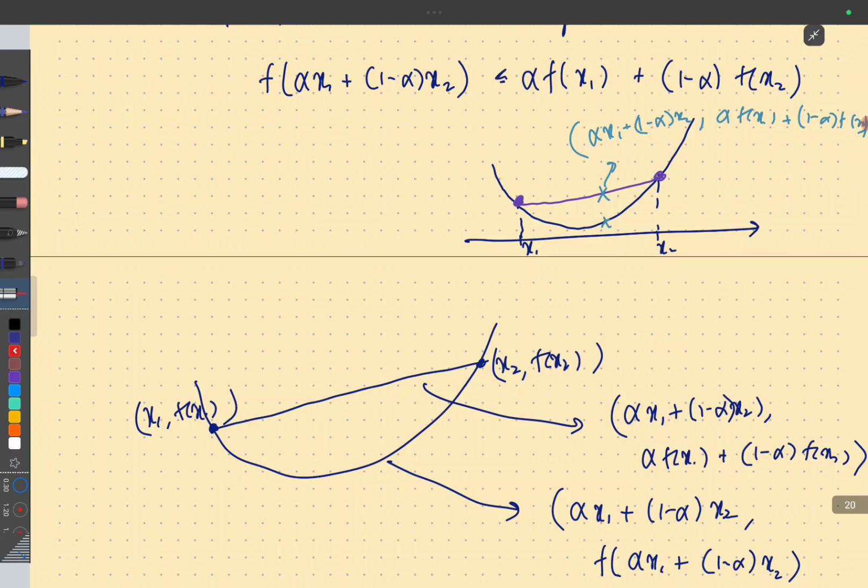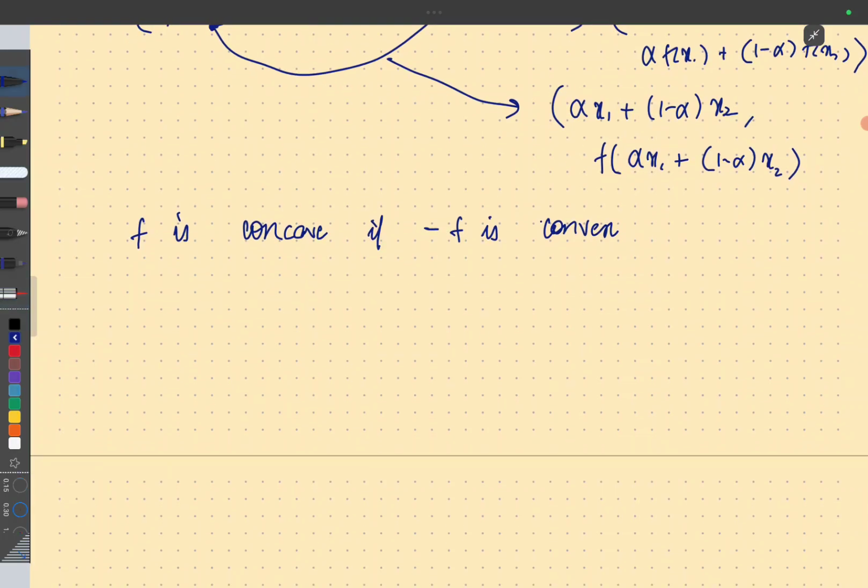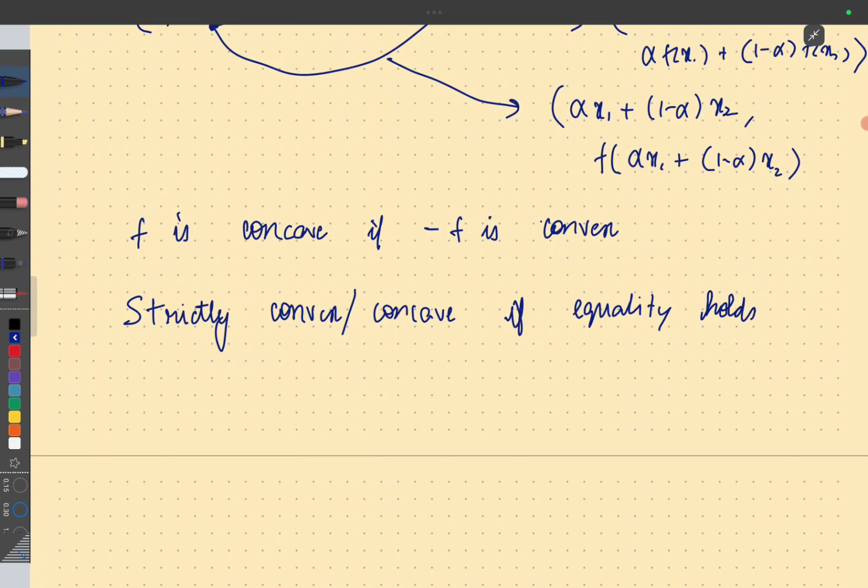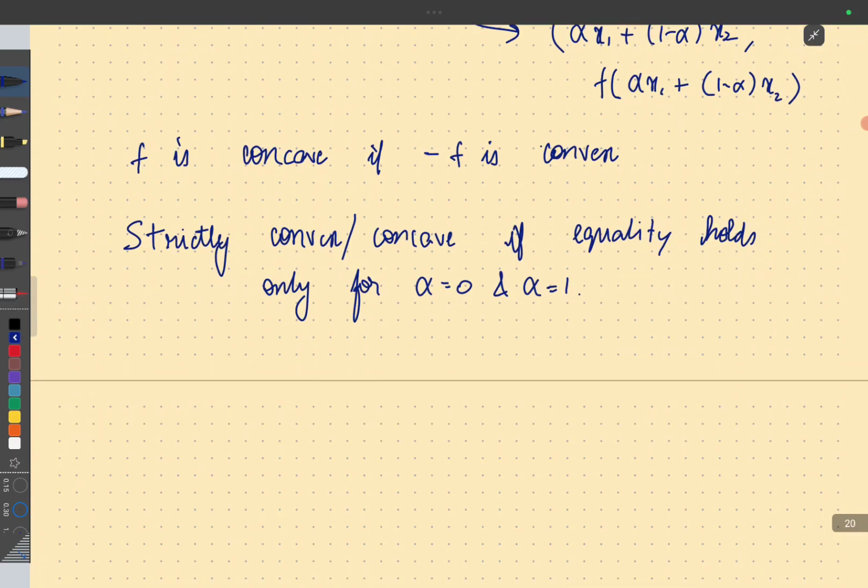So the geometric interpretation is that this curve lies strictly below the line segment joining the 2 points. So this is the definition of convexity.